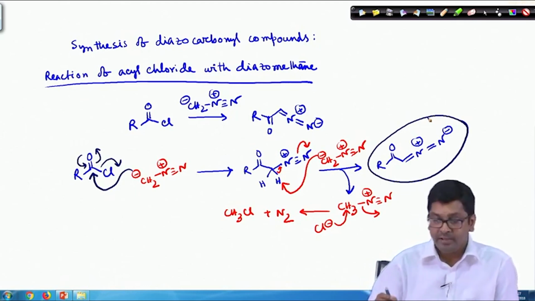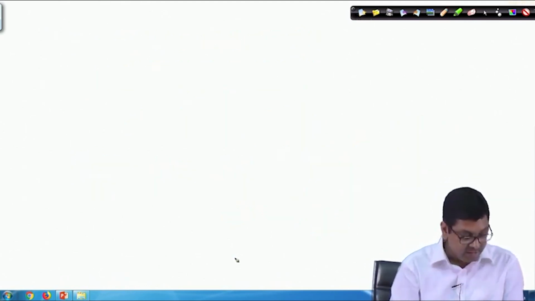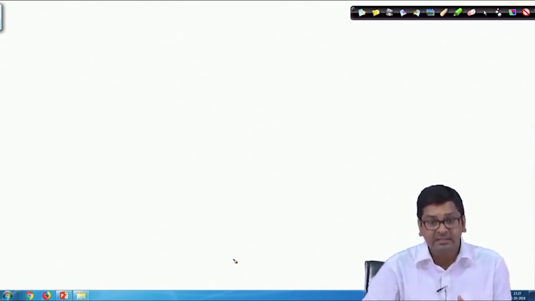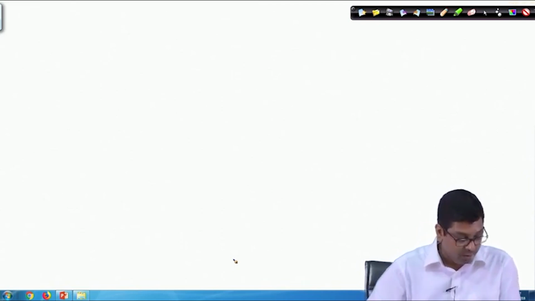Now, in another method the parent carbonyl compound will react with tosyl azide in presence of base, that will also give you the corresponding diazocarbonyl compound. Okay.